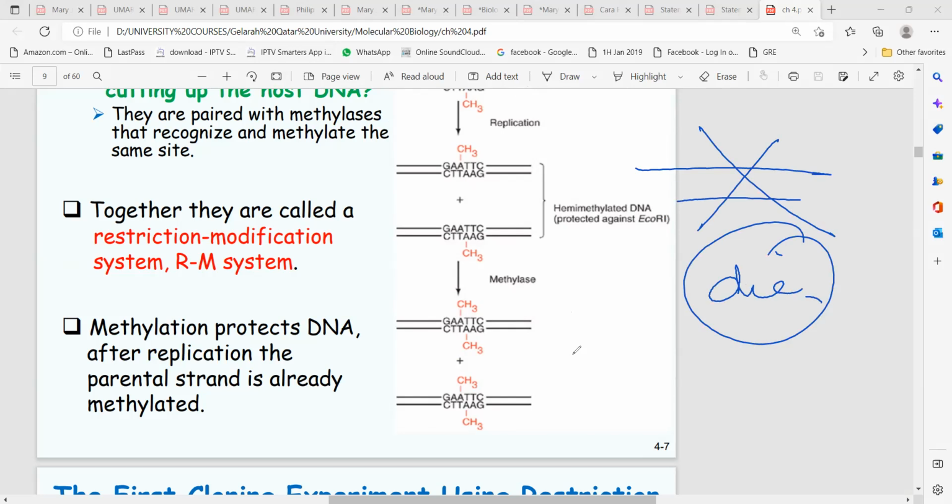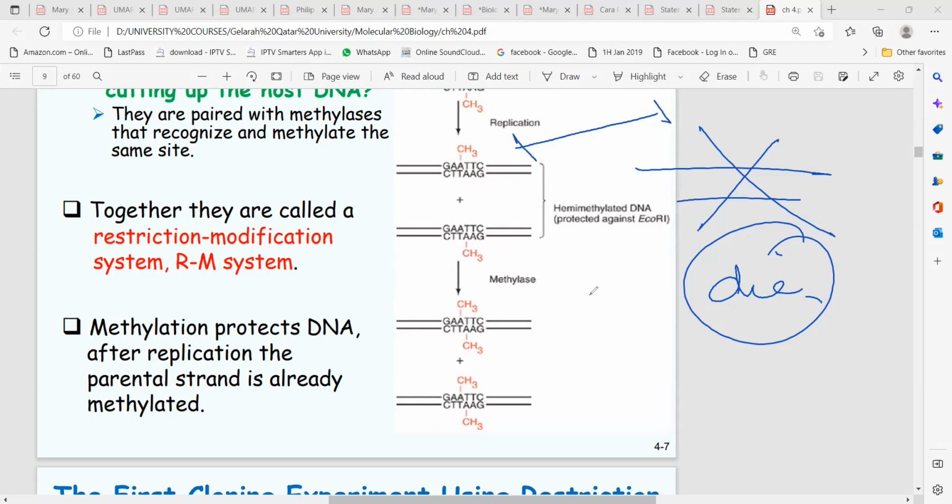DNA has all the information. If it is cut, then DNA is no more functional, and even the cell will be no more functional, because DNA has all the information.